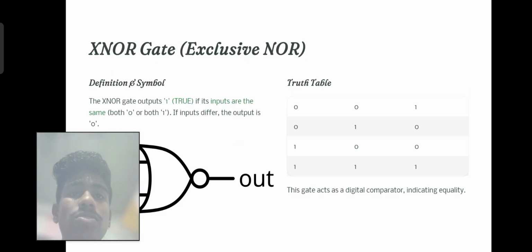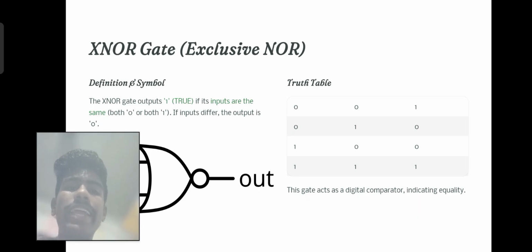XNOR gate, exclusive NOR. The definition and the symbol: the XNOR gate outputs 1 if its inputs are both the same. If inputs differ, the output is 0. An XNOR gate is the combination of an XOR gate and a NOT gate.